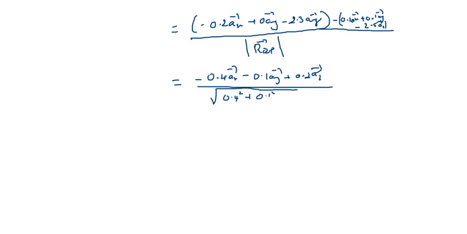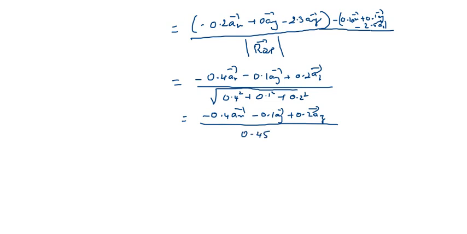Don't bother about the sign here. Finally you will get minus 0.4 a x vector minus 0.1 a y vector plus 0.2 a z vector divided by, after solving, 0.45.